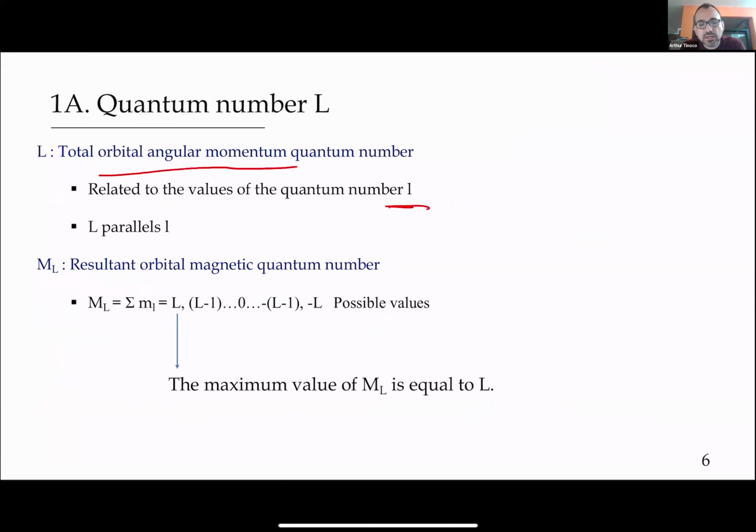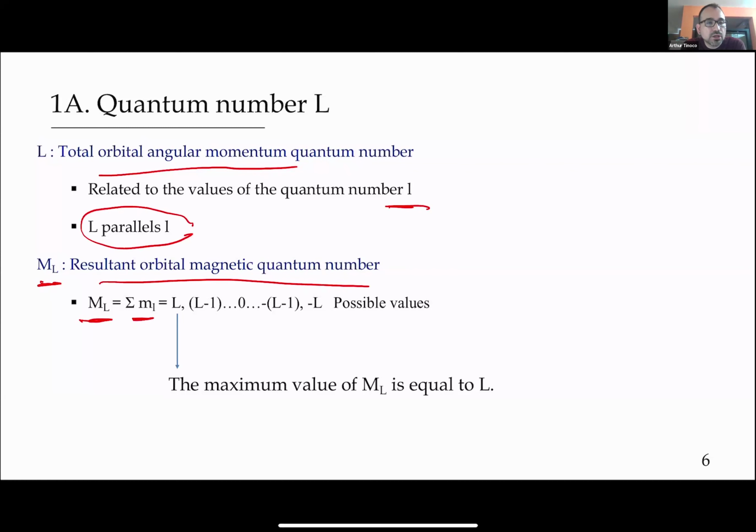Remember, lowercase l defines the types of orbitals in terms of the electronic situation, the shape of them. It turns out that capital L parallels lowercase l. So this total orbital angular momentum parallels the identity of l. And then you also have this parameter M sub L with capital L, which is the resultant orbital magnetic quantum number. And that particular parameter, M sub L, in terms of how you determine it, is the summation of all the values of m sub l.